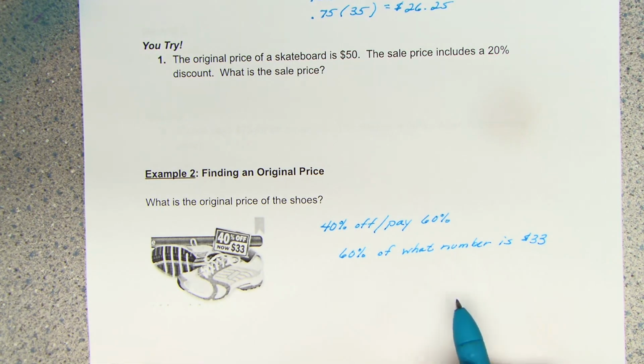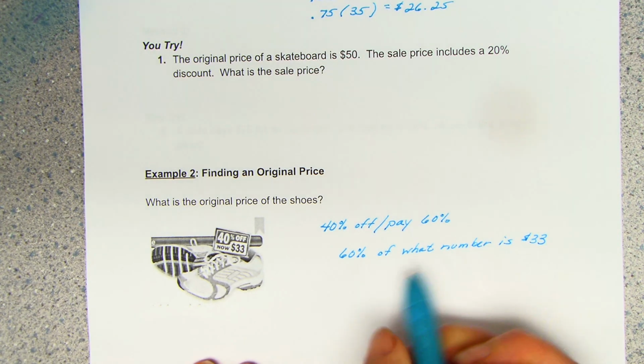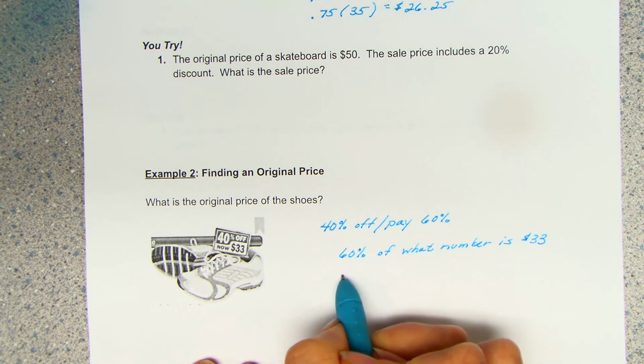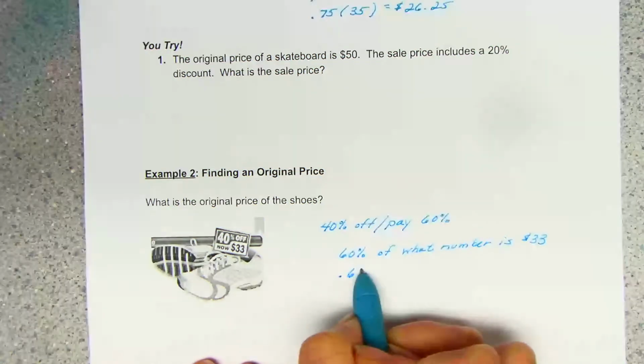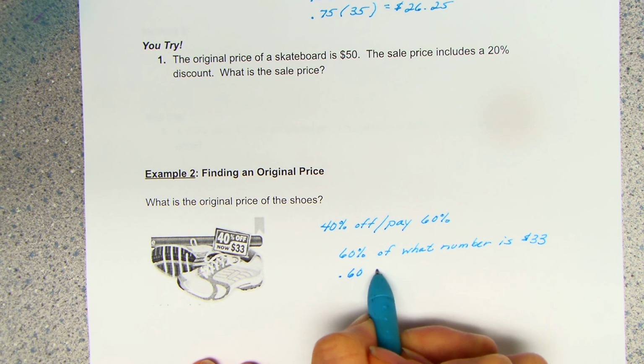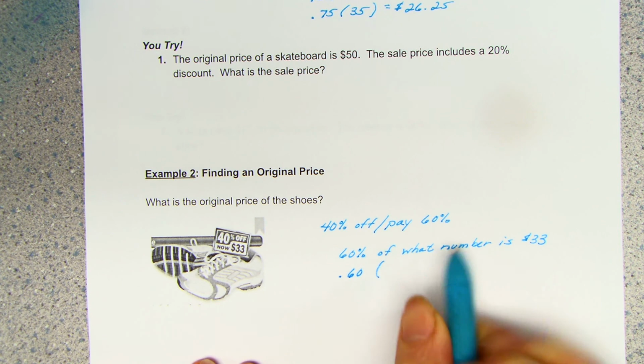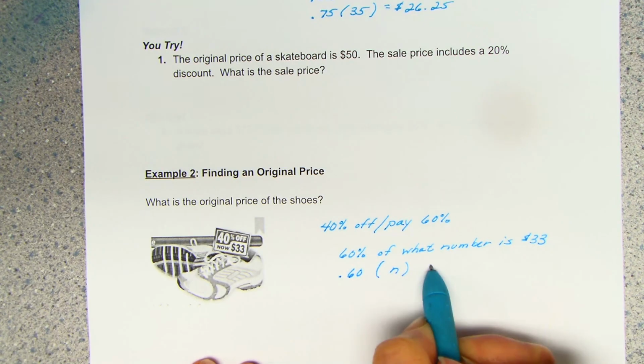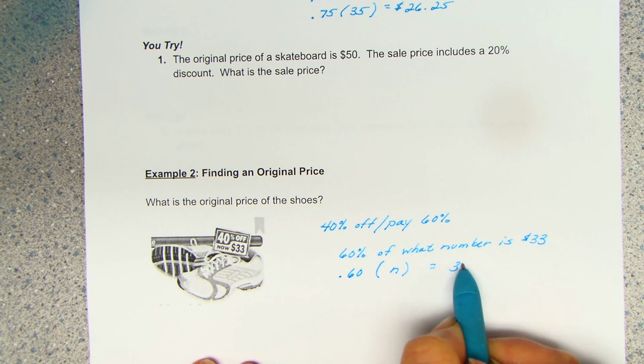And so you can write that either as an equation or a proportion. I kind of like an equation, so that's what I'm going to do, but you can actually solve it either way. I'm going to change this to 0.60. Of means to multiply. I think I'm just going to use parentheses. What number, that's my variable, n, equals 33.